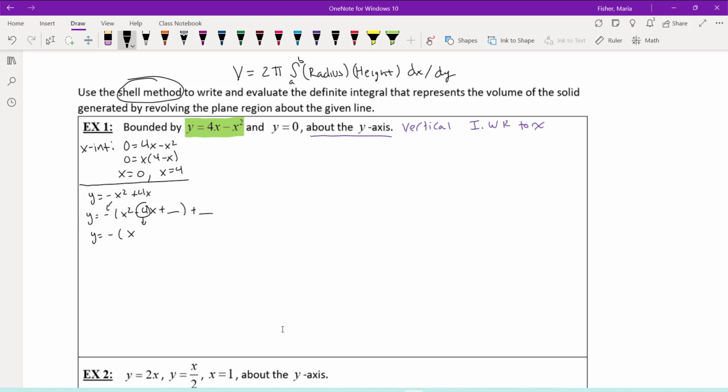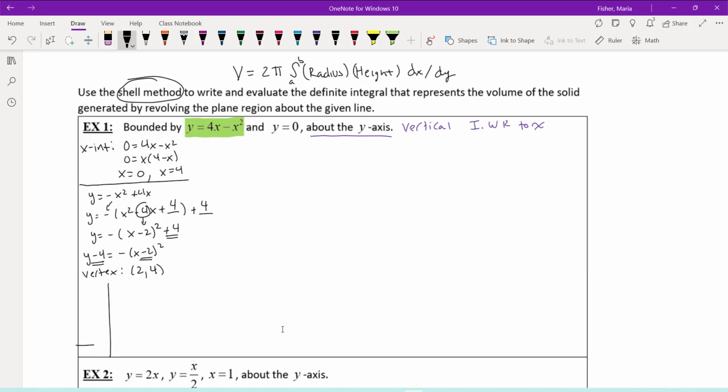Half of the coefficient of the x term is negative 2. If I square the number I just wrote down, negative 2 squared is 4, and that's the number that I write in those blanks. Now I'm going to move this over with the y, and I get y minus 4 is equal to the negative of x minus 2 squared. So the vertex of this parabola is going to be the opposite of the number with x, which is 2, and the opposite of the number with y, which is 4.